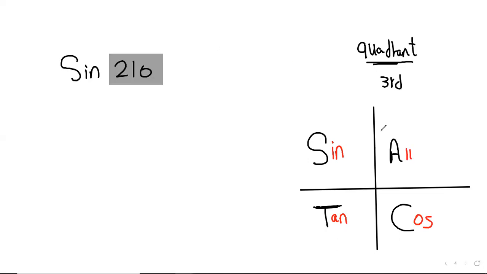So the first step: determine the quadrant. In which quadrant does 210 lie? In the third quadrant. And is the sign positive or negative? It is negative. So determine the sign. And 210 is going to be written as 180 plus 30.